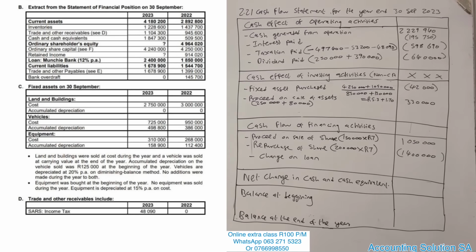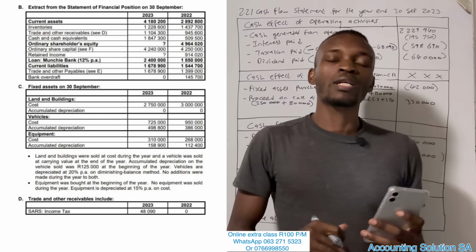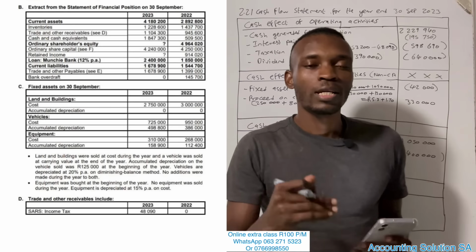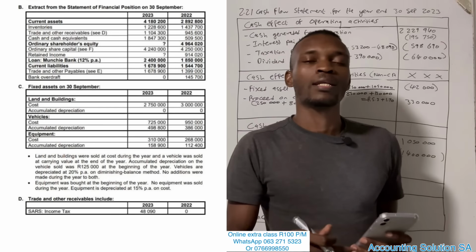Okay, now let's go and check a loan quick. A loan, if you check a loan from Munchal Bank, last year we owe 1.8, but this year we owe 2.4 million. Loan, not share, which means that if loan increase, guys, we went and borrow. When we borrow, it simply means that we receive money from the bank.